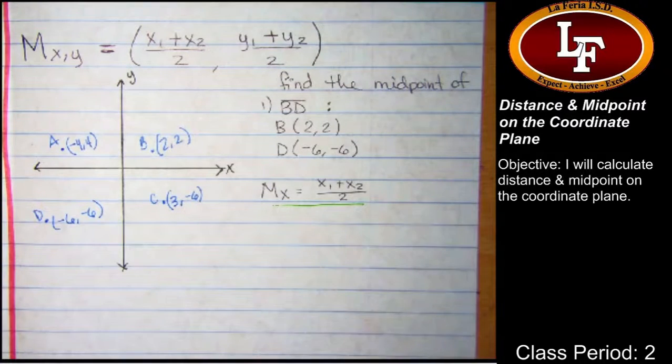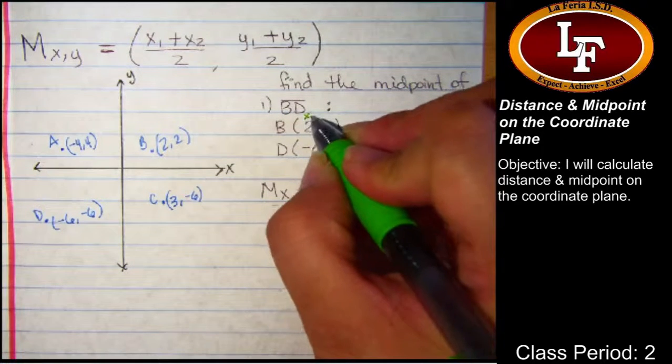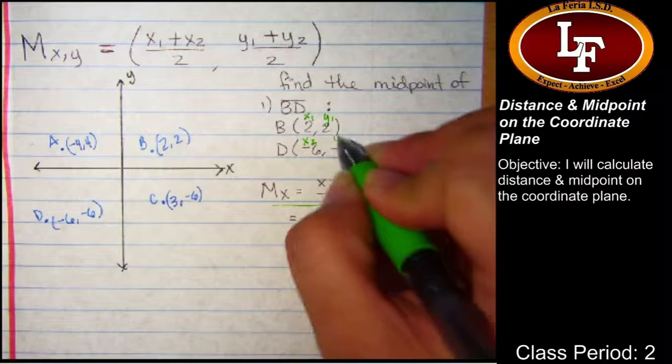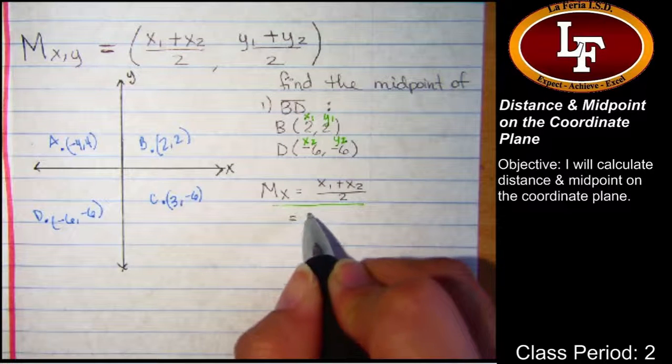What's x1 and x2 for this particular problem? 2 and negative 6. Which means these have to be y1 and y2. Once you've selected which one is your x1, the y coordinate that goes with it has to be the y1. Otherwise, it's going to mess stuff up. Okay? All right, so we're just going to plug in.